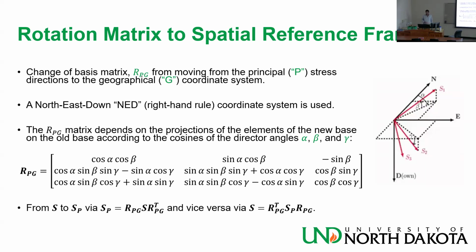Now, you have two equations down here. Let me just make things easier by writing down. We talk here about G, which is the geographical system. This would be S. And we talk about P, which is the principal axis, and this would be SP, okay? You can either go from SP to S or from S to SP.